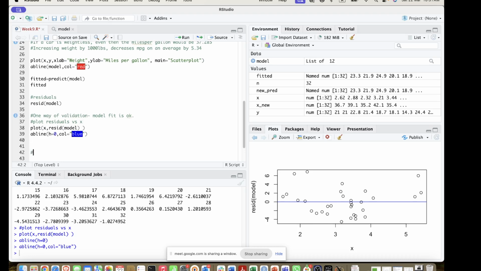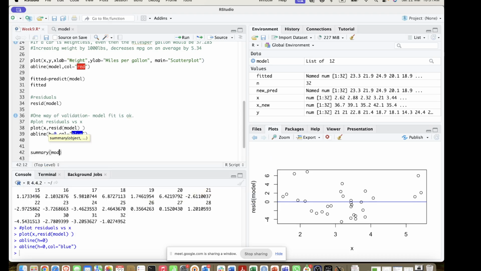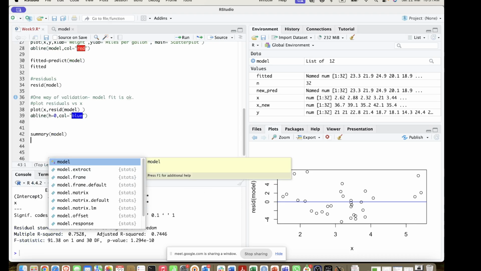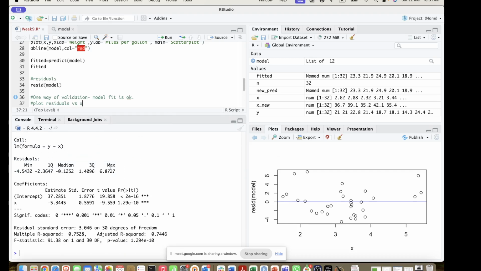Another thing that we can see is by using summary of model. Okay, so if we give summary, we are going to get something like this, where here we would have the estimates beta naught hat and beta 1 hat, their corresponding standard errors, and this part, t and p value, these will come later when we talk about testing.